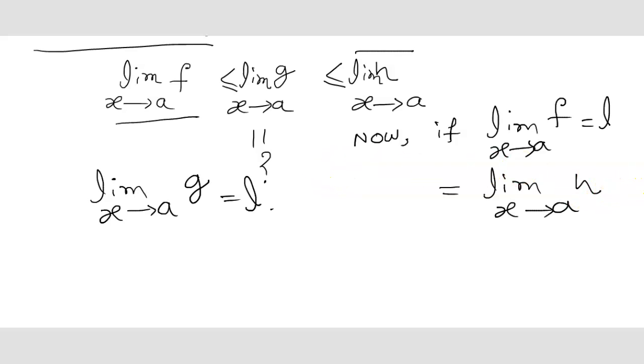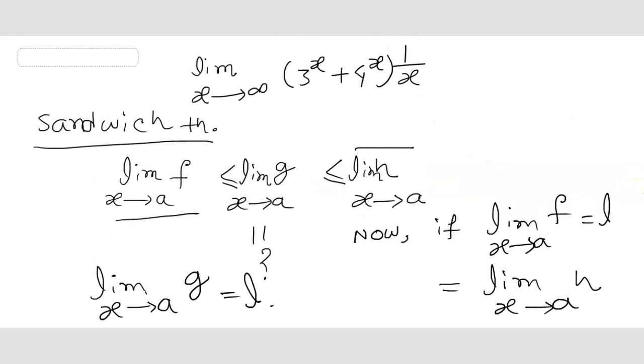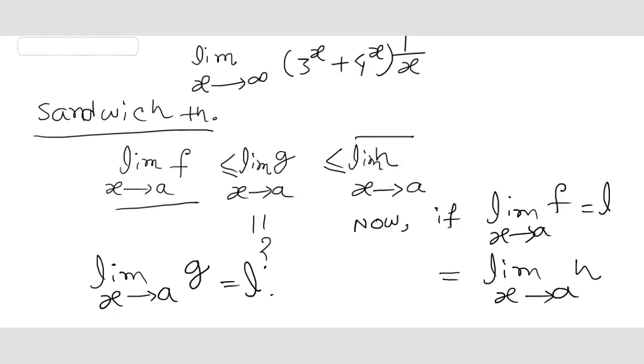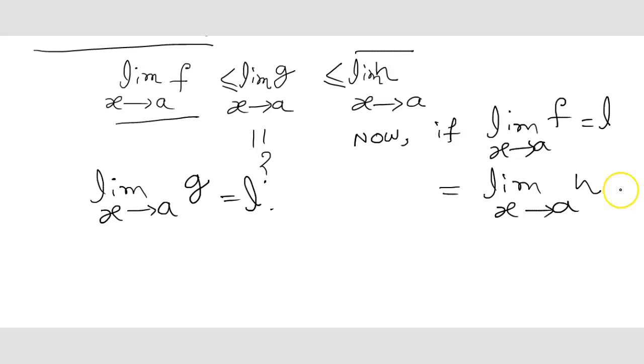Now in our problem, the function is (3 to the power x plus 4 to the power x) whole to the power 1 by x.